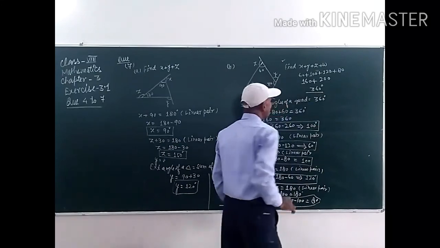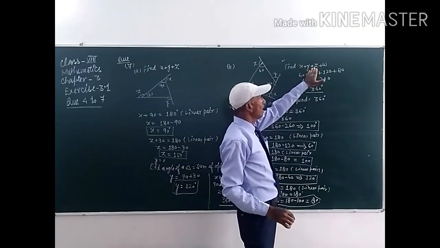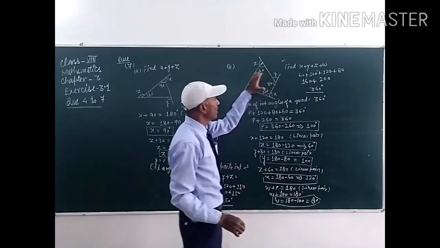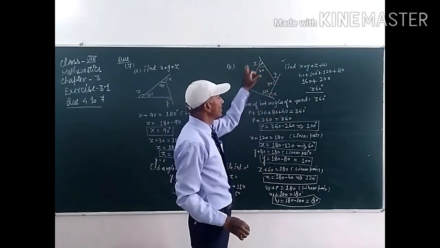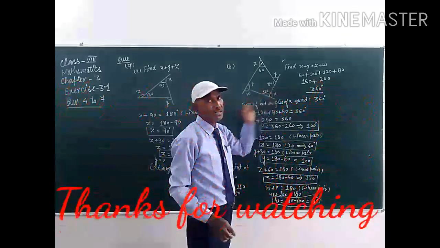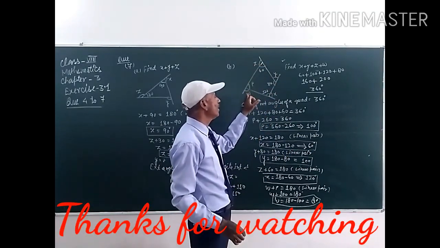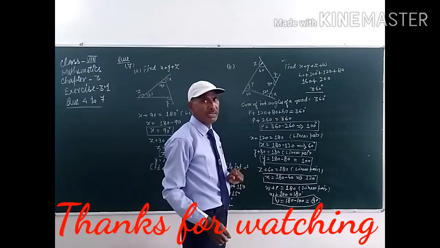So the value of x plus y plus z plus w will be 360 degrees. Students, as we know that the sum of all exterior angles of any polygon is 360 degrees. Therefore, x plus y plus z plus w is also 360 degrees.